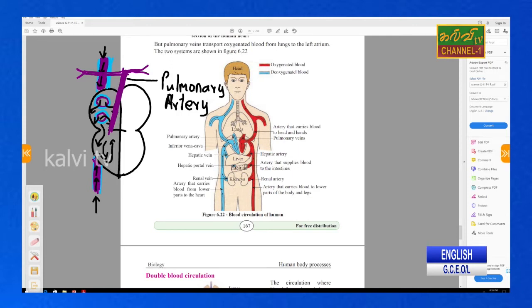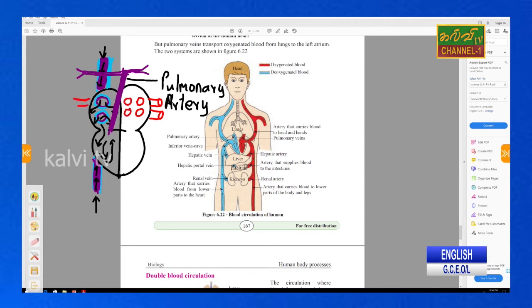But here we have considered the blue color, that means the vein system, in this diagram. Another artery is open to the left atrium.